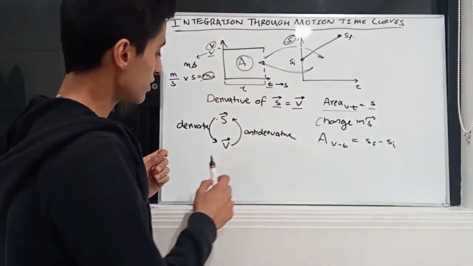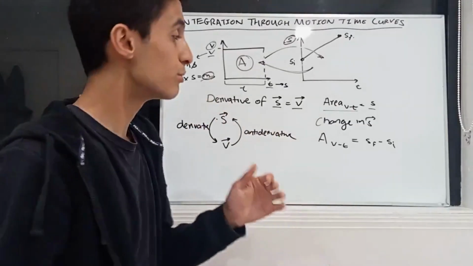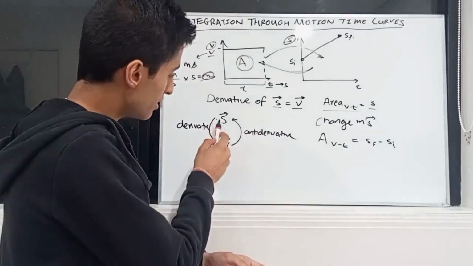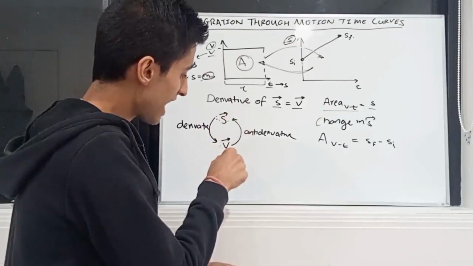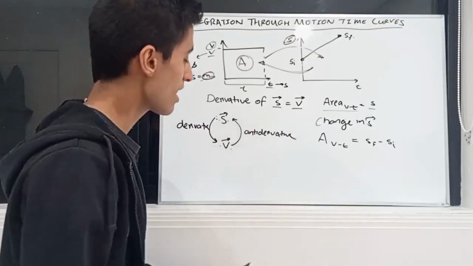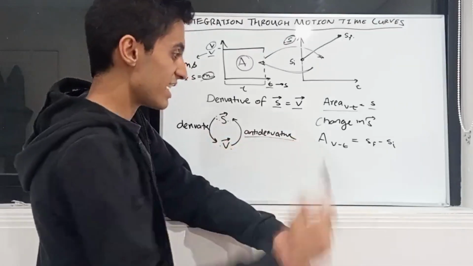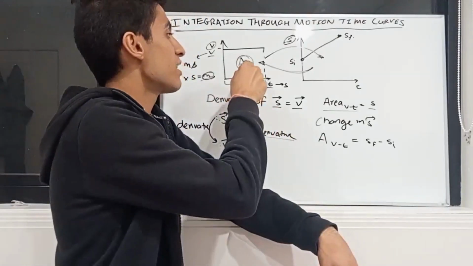So now we've established most of the base that we need in order to understand integration. We know that velocity is the derivative of displacement, and displacement is the antiderivative of velocity. And so if I want to go from velocity to displacement, I must find the antiderivative. And we also know that there are two ways to calculate displacement.